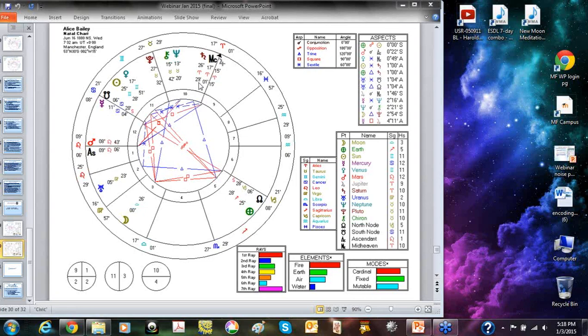The other thing is she's got very little water, as has been pointed out. The only thing she's got in water is her Mercury, the mind. Now, isn't that interesting that it's the mind that is in water? And we tend to say that if you had a lot of water, you had Cancer and Pisces and all this water, you'd be somewhat psychic. So which planet is it that she's got in water?